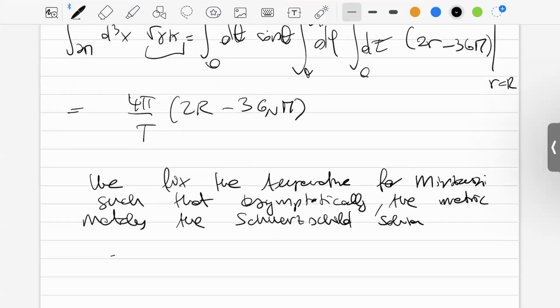So it means that we have to match the length of the circles of Euclidean time.